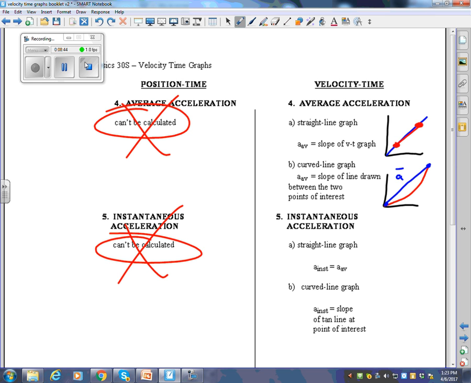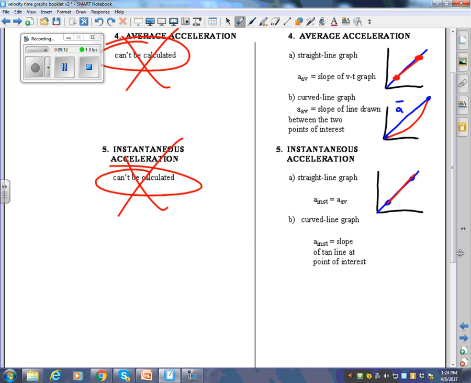If you have a velocity time graph and you're asked to find instantaneous acceleration and it's a straight line, you find the slope. If you have a velocity time graph and you're asked to find instantaneous acceleration and it's a curved line, exact same thing as 8, like 4, right here?